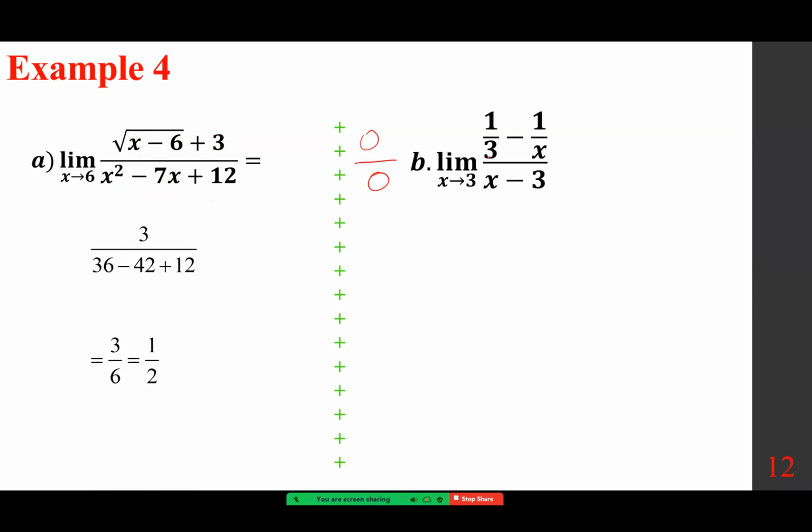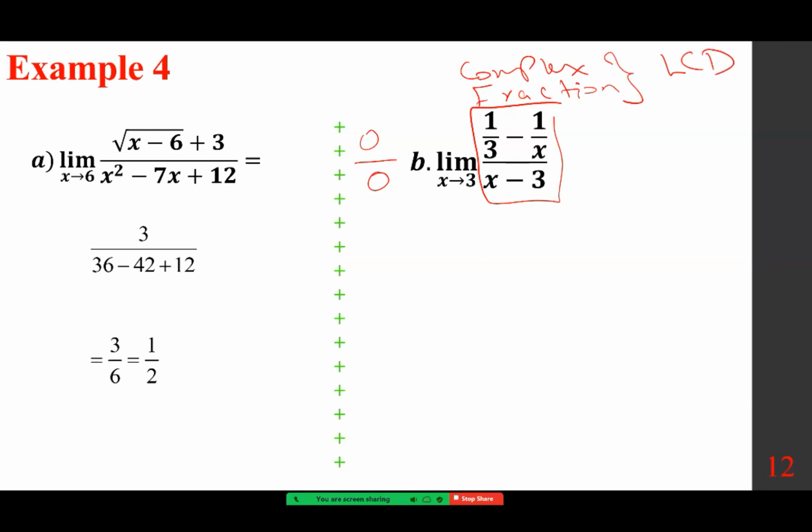And you plug in, you get 0/0. This is a complex fraction. The technique is LCD, which is 3x, and we multiply and divide by it.